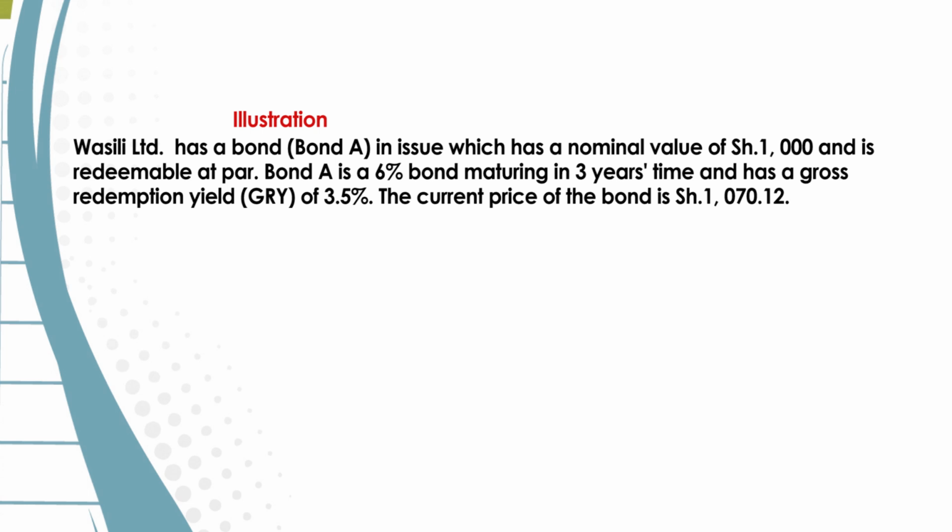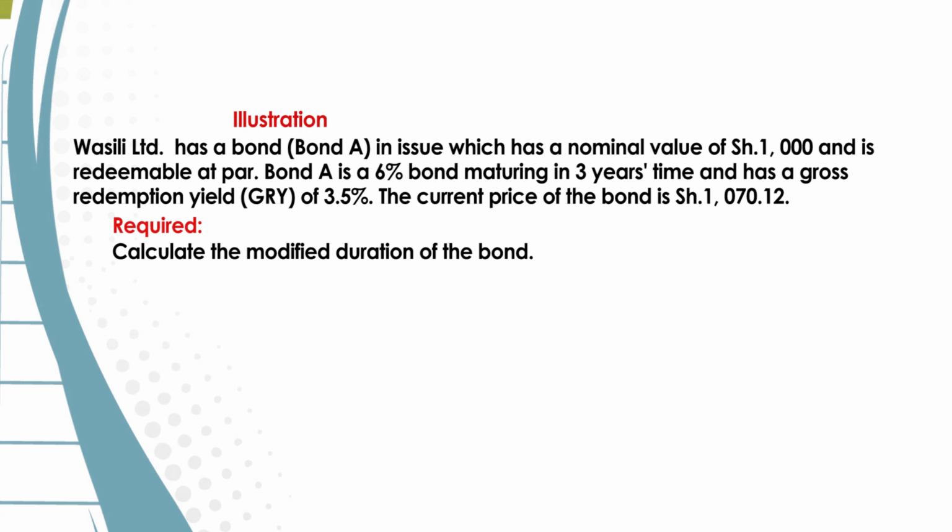Bond A is a 6% bond maturing in 3 years' time and has a gross redemption yield of 3.5%. The current price of the bond is 1,070 shillings and 12 cents. Required, calculate the modified duration of the bond.